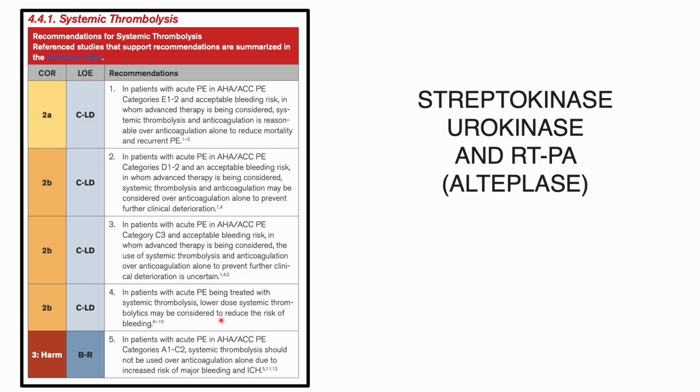This comes from certain RCTs which have looked at systemic thrombolysis in a normal dose and a lower dose. They have seen that even a lower dose rather than the standard dose of rtPA, 100 milligram over 2 hours, versus 50 milligram, even a lower dose of 25 to 50 milligram of alteplase compared to the standard, has been found efficacious with reduced risk of major bleeding.